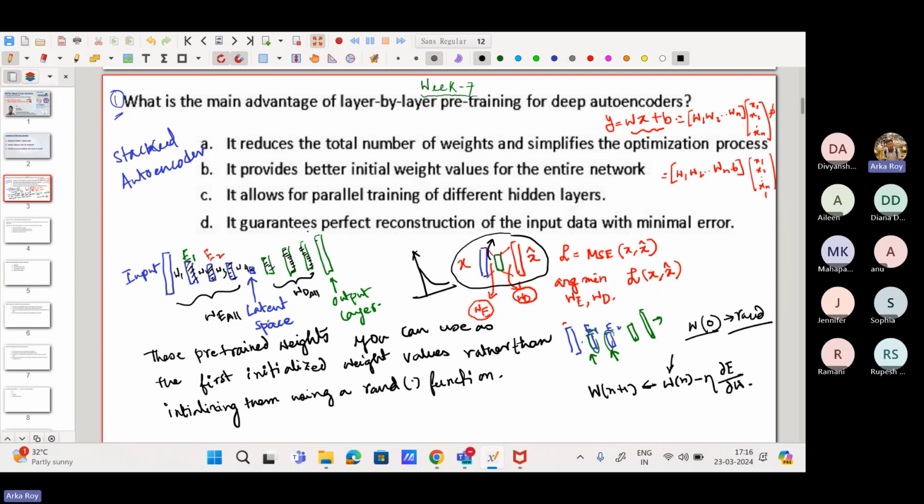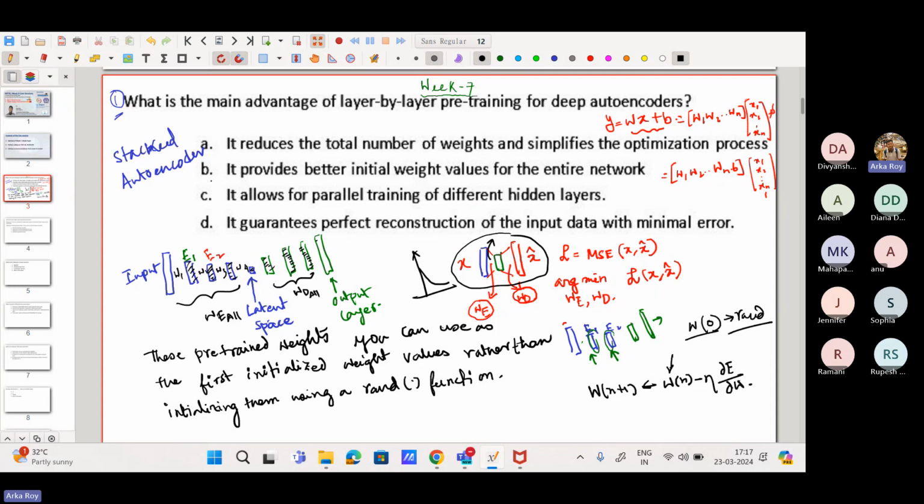So the main advantage of layer by layer pre-training is that you have good initialized weights, which help you converge the whole problem in an easier manner, rather than if you train the whole model at once, which will take a substantial amount of time to converge. And the weights that you initialize at random are not good weights.